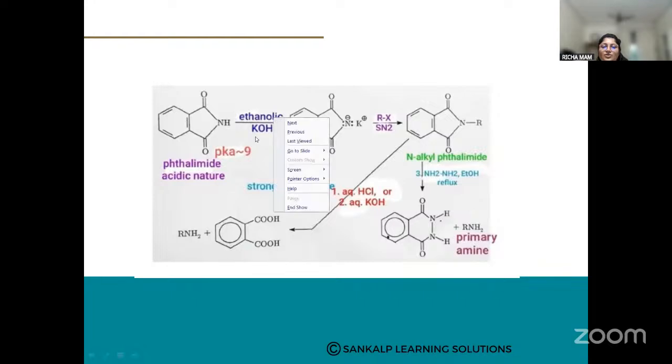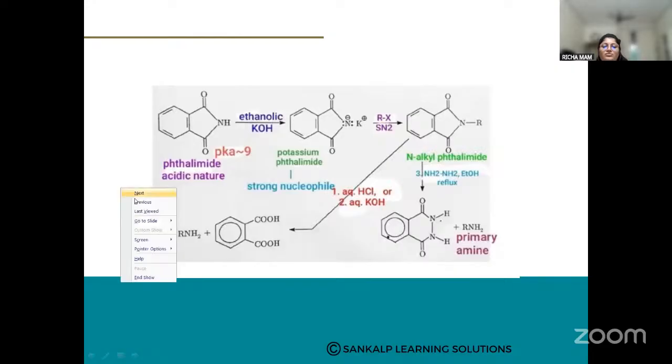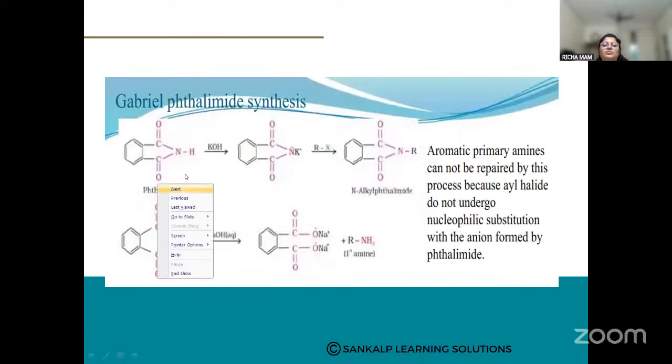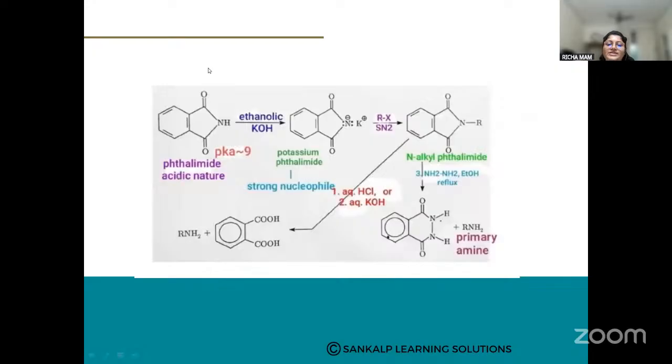Let us go for the next one. So here you can see they have taken phthalimide. This phthalimide is reacted with ethanoic KOH. I'm going to get potassium phthalimide, the salt of phthalimide. This reacts with alkyl halide, and I'm going to get N-alkyl phthalimide.